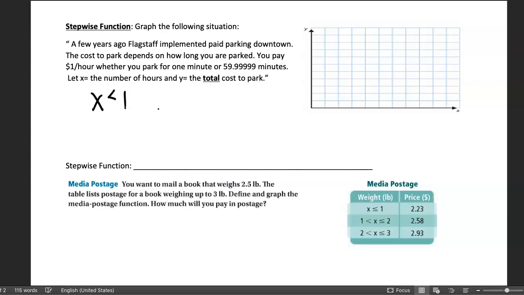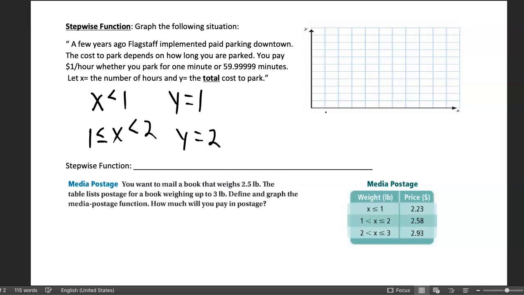For any time under an hour, we pay $1. For the next time, if we go just a minute above that, so if we go up to 1 hour, or we go up to 2, we'd pay $2.